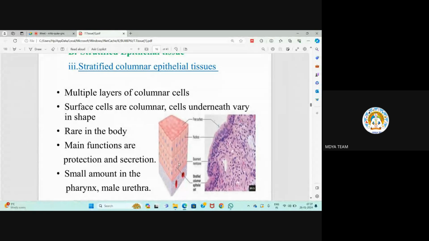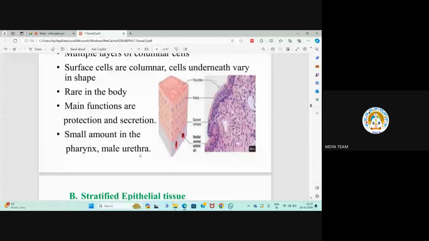The outermost layer of that particular tissue will be columnar, but inside that layer, cells may vary in shape. And this type of tissue is rare in the body, in minimum amounts, a small amount in the pharynx and male urethra.